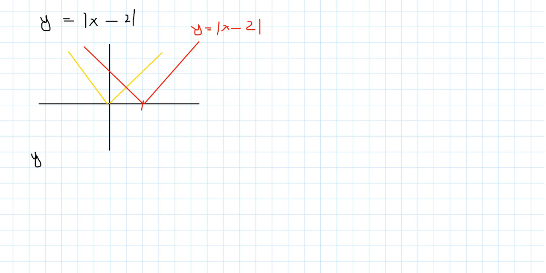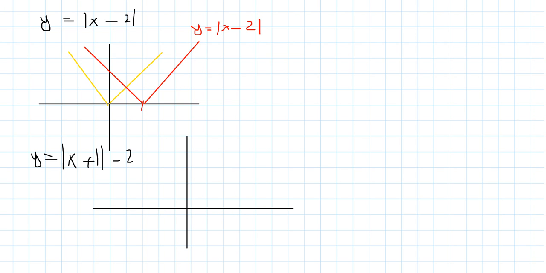I have this: y equals absolute x plus 1, minus 2. At first I draw y equals absolute x, so it is my y equals absolute x. After that we shift on the x-axis to the opposite sign of this, so it is positive 1, so I should go to minus 1. Let me draw it.